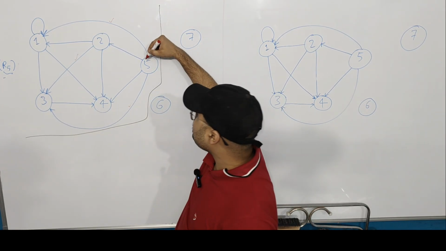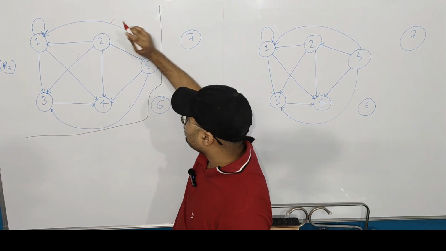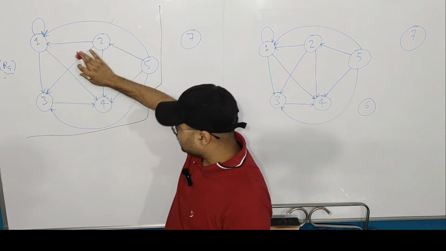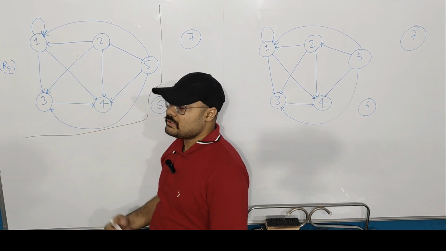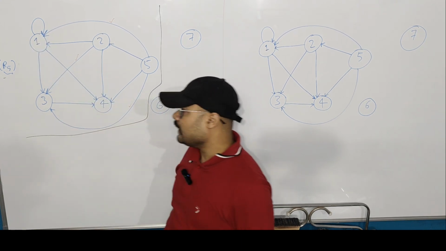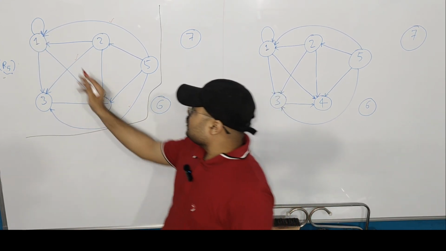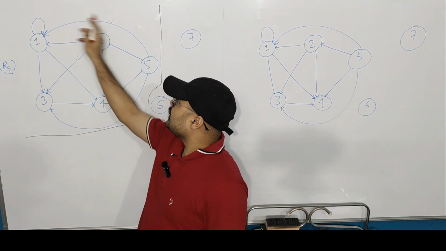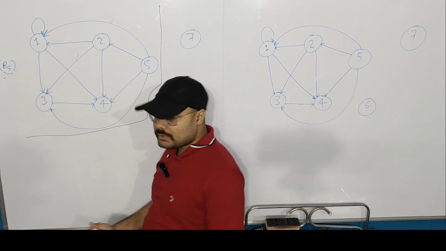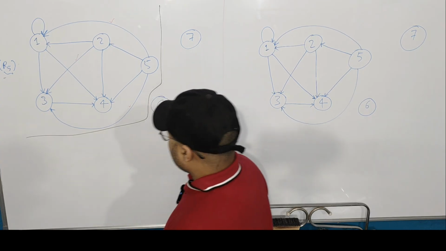For example, you incrementally add an edge from 5 to 2, and there are no other edges. Now the moment you add an edge from 2 to 1, you are incrementally adding another ordered pair in your relation. So the moment you add this edge, another edge automatically has to be added to satisfy the transitivity.